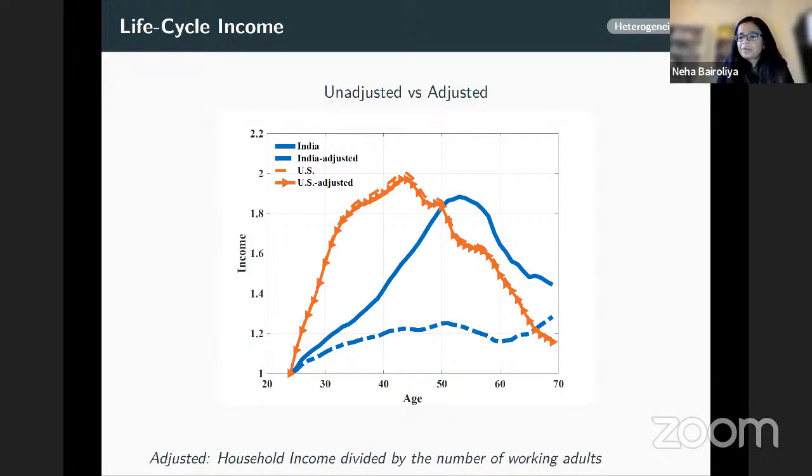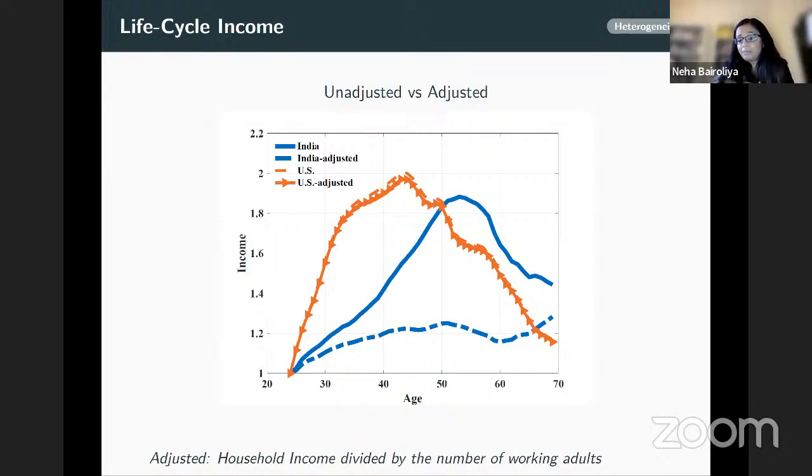What about for Indian households? On an average, we see growth which is fairly comparable to that of the US. But now, again, the question is, how much of it is driven by the fact there are lots of workers, there are large families, and how much of it is really productivity growth?